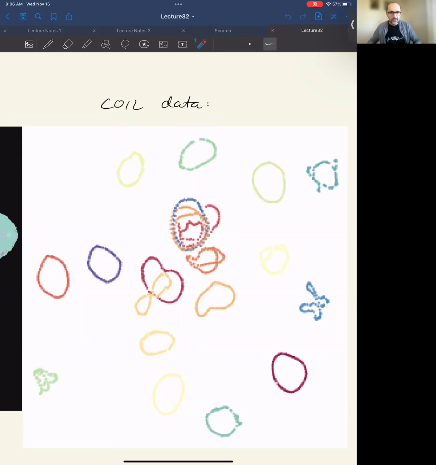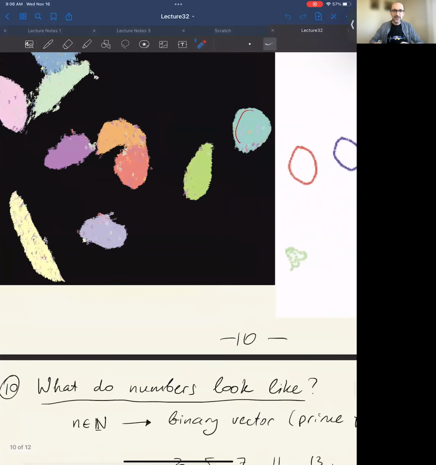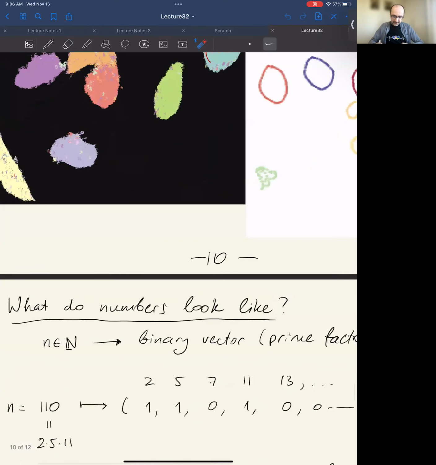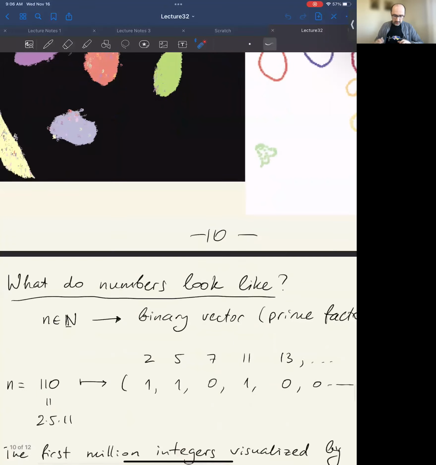Finally, they did this crazy experiment that I would like to show you. The crazy experiment is about what numbers look like. So you take numbers from 1 to 1,000,000 and represent these numbers as a binary string that tells us what the prime factors of the number are.